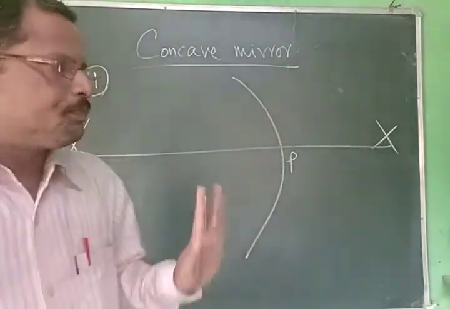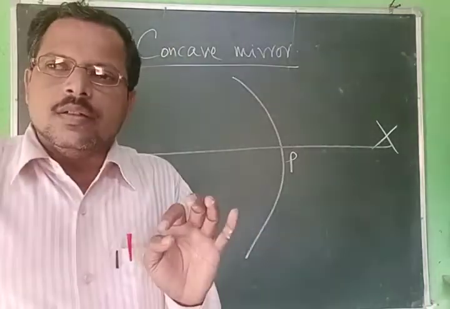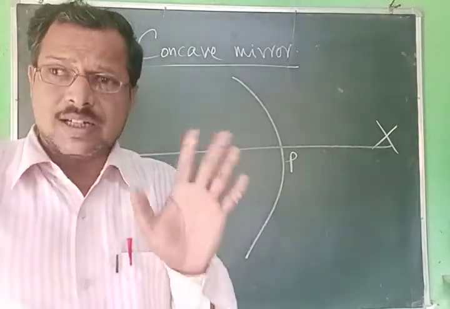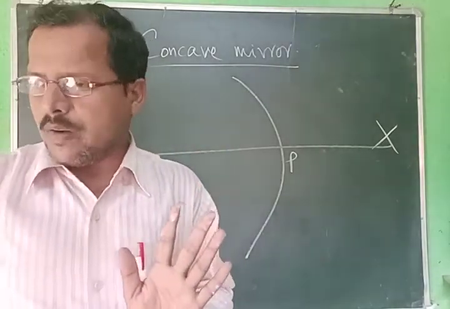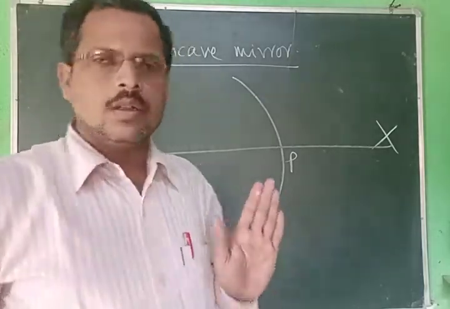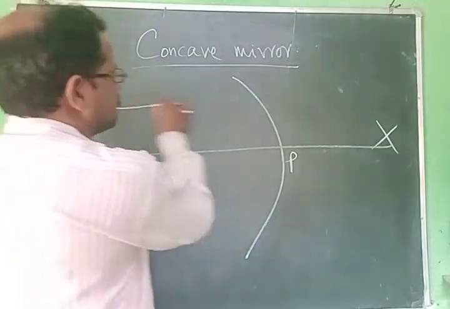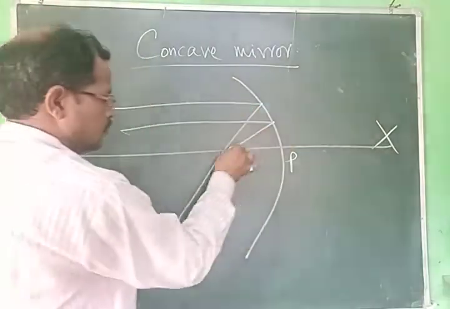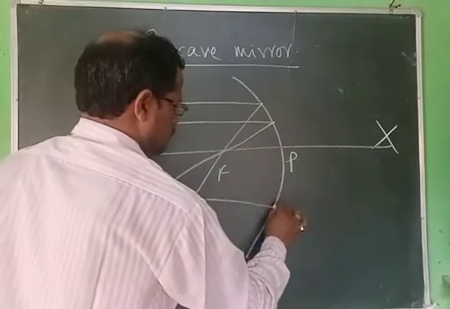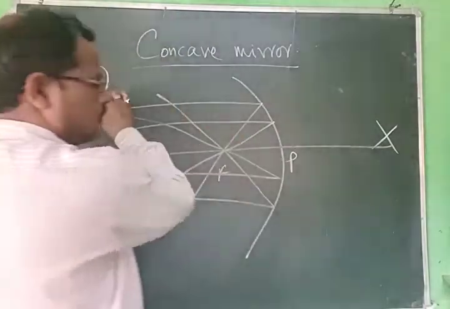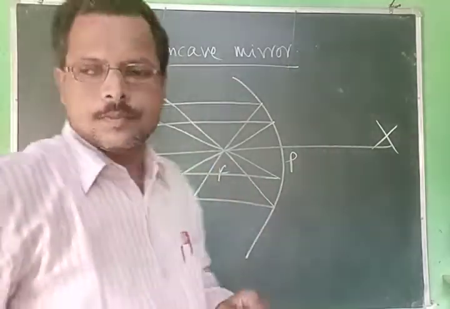First point. When rays come parallel to the principal axis, they get reflected through the principal focus. Just like this.